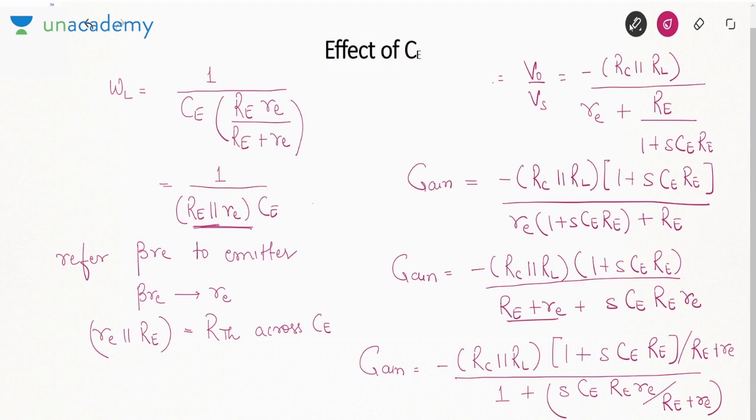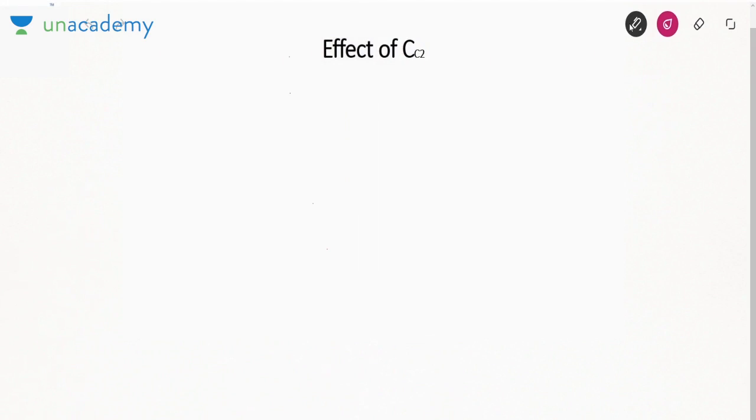So let us move on to our third capacitance, which is CC2. If you see on the collector side, what we have is a current source beta IB. Okay, this terminal is emitter. But when you are studying CC2, CC1 and CE will be shorted.